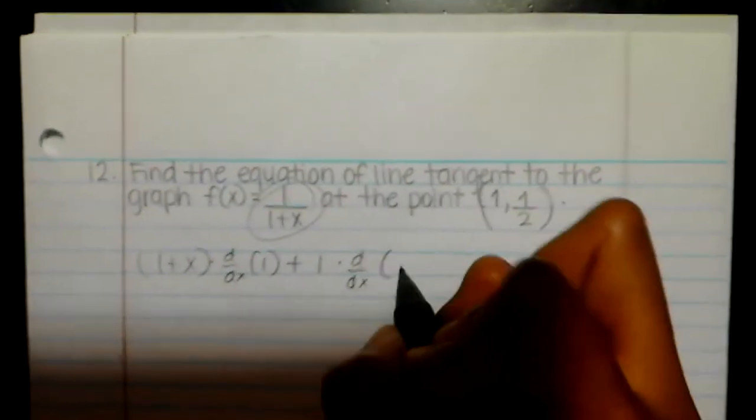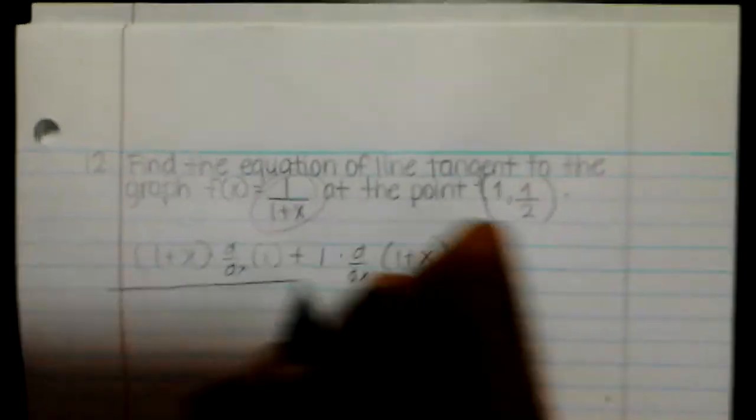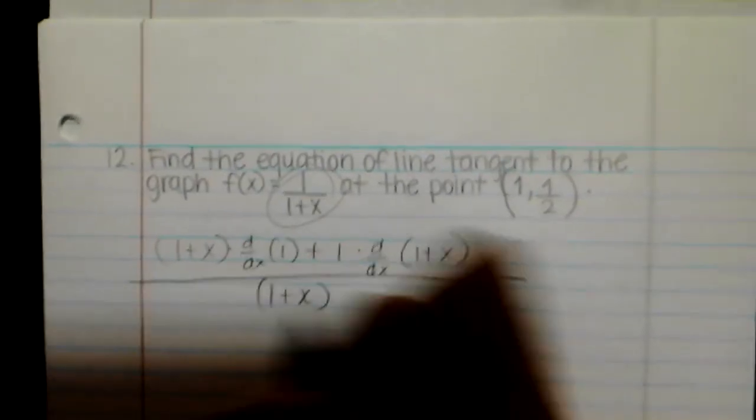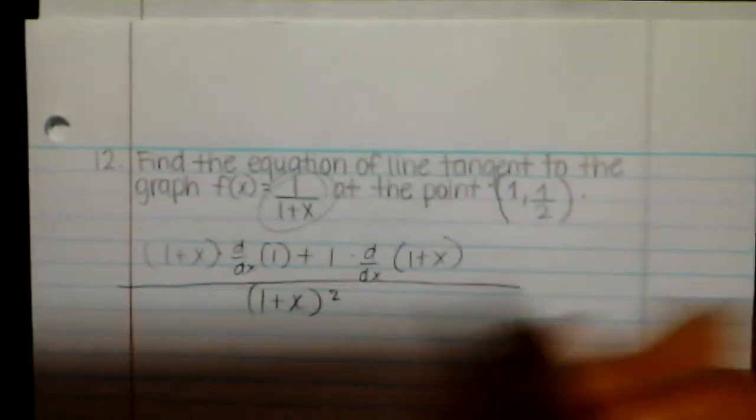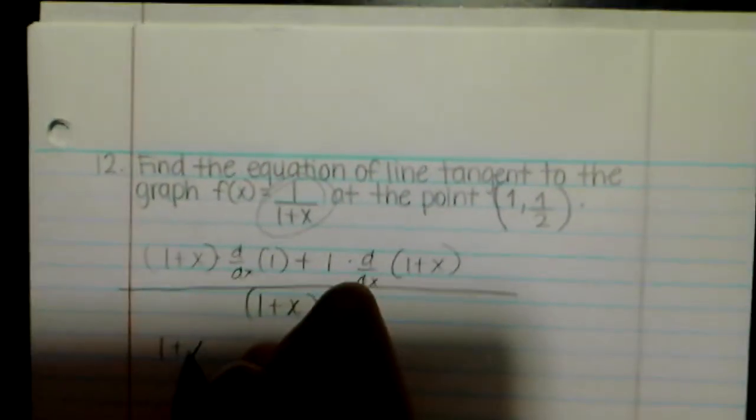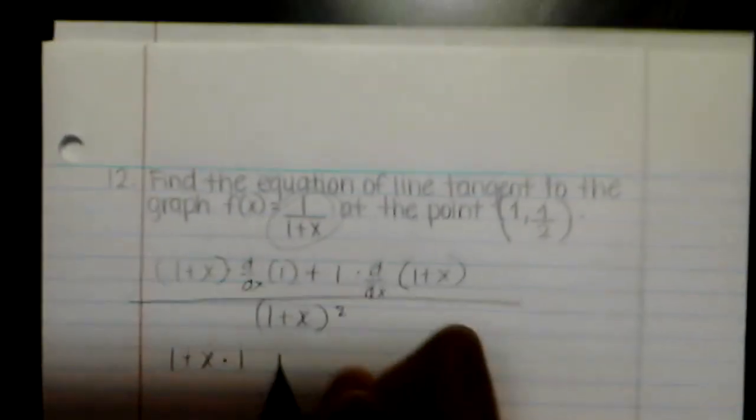So 1 plus x times the derivative of 1 minus 1 times the derivative of 1 plus x, all over 1 plus x squared. Okay, so now this equals 1 plus x times 1 plus 1 times 1 plus x, which will give you 1 plus x plus 1 plus x all over 1 plus x squared.